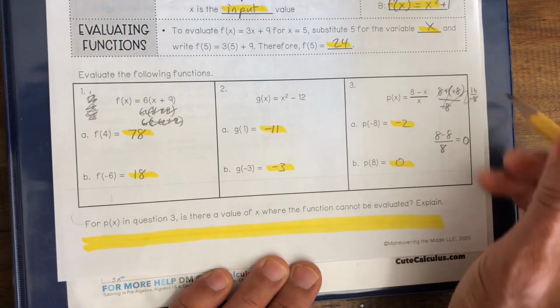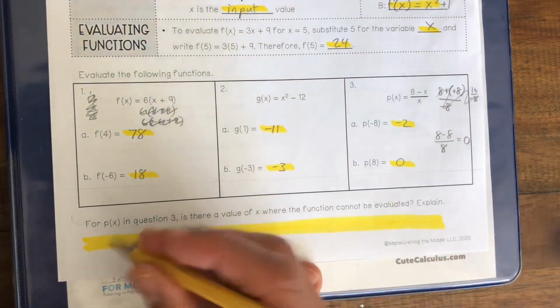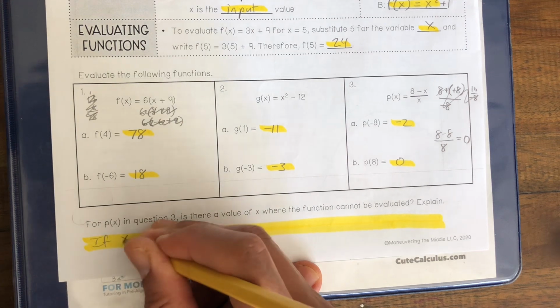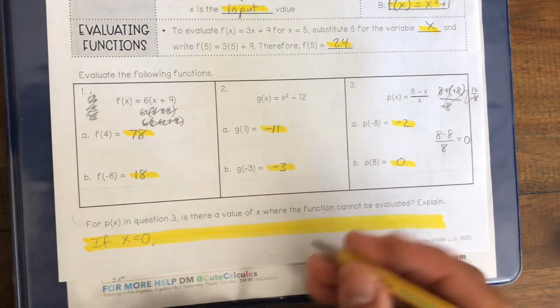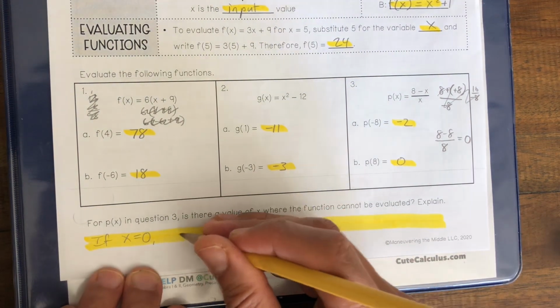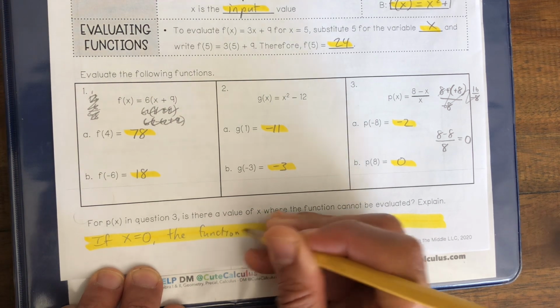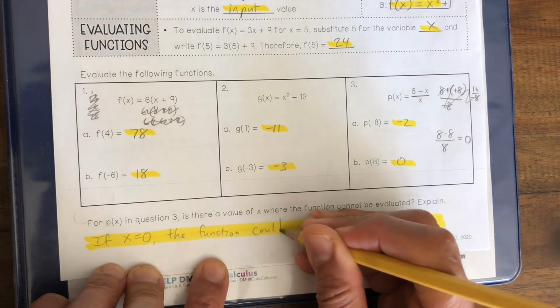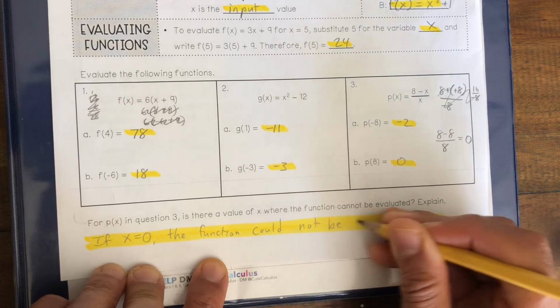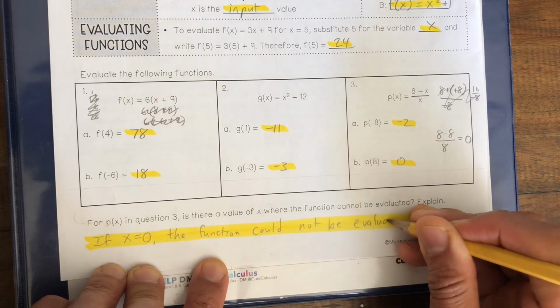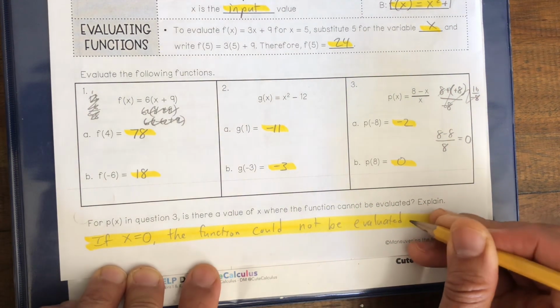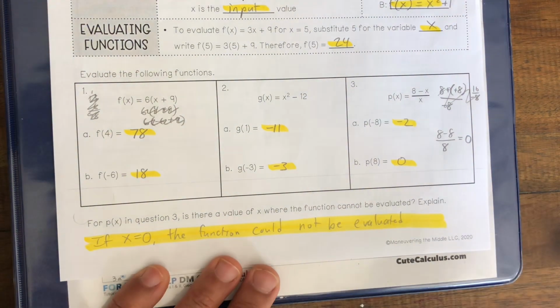Okay, I'll go ahead and say the answer. If x equaled 0, the function could not be evaluated. And why is that?